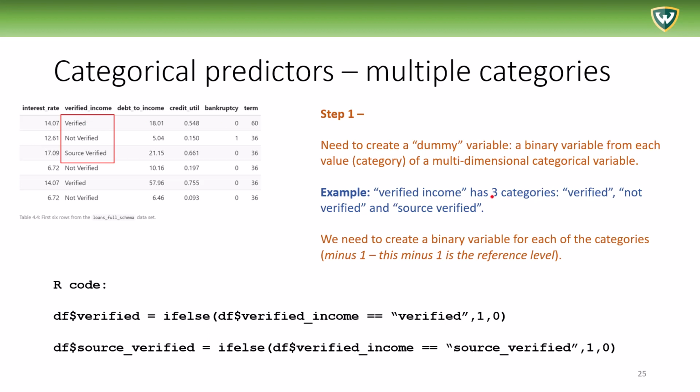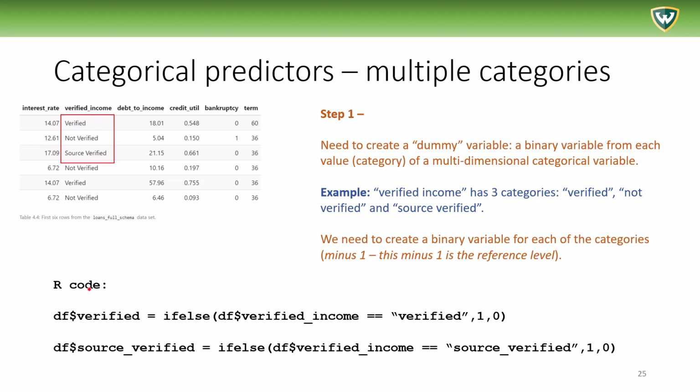In this case, verified income has three: verified, not verified, and source verified. So we need to create a binary variable for each of the categories, but minus one. This minus one is called the reference level, against which the other two will be compared.